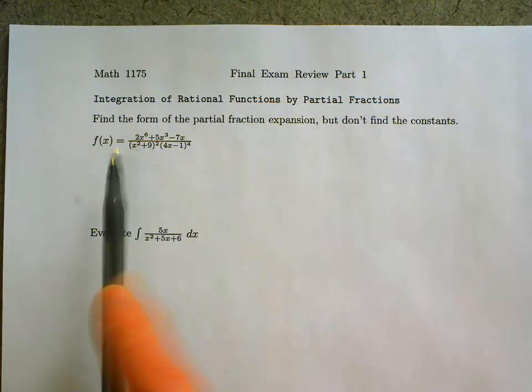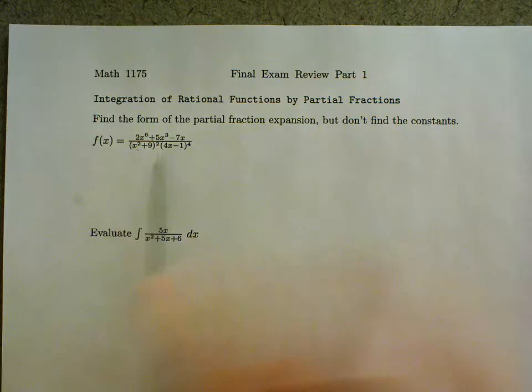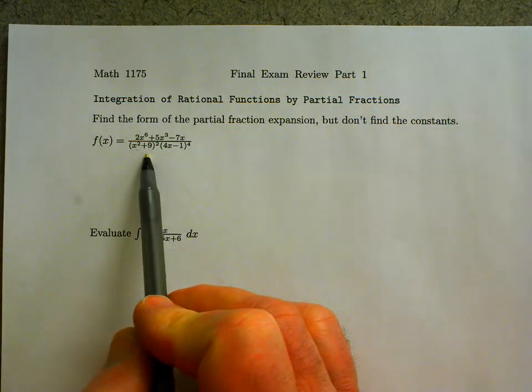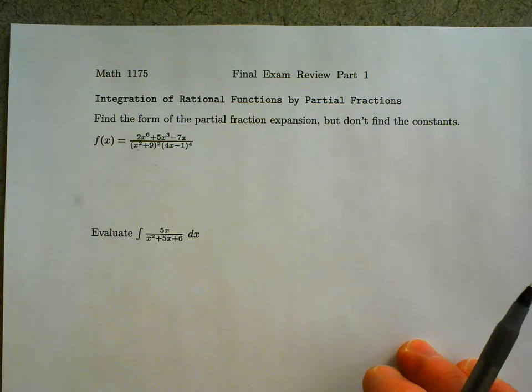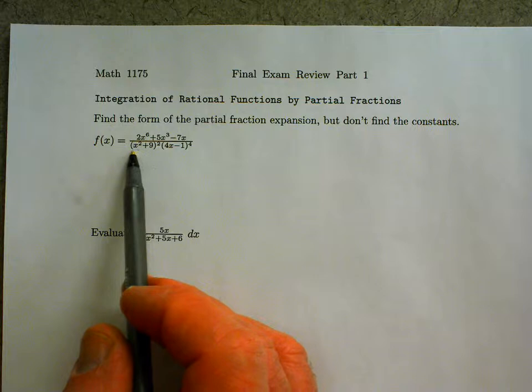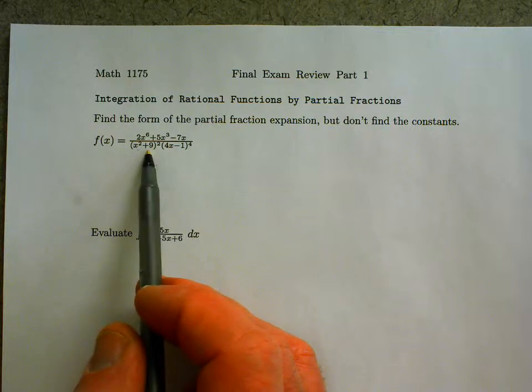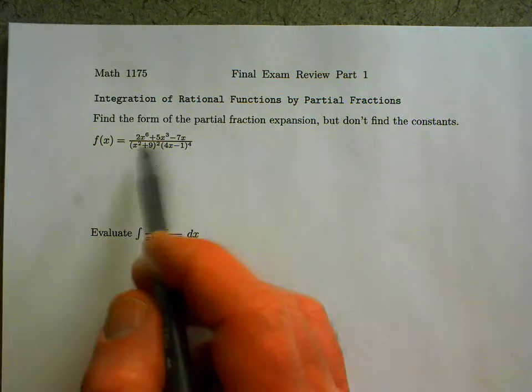But we don't have to do that because in this case, the degree of the denominator is bigger than the degree of the numerator. One of the factors in the denominator, x squared plus 9, that's an irreducible quadratic factor.